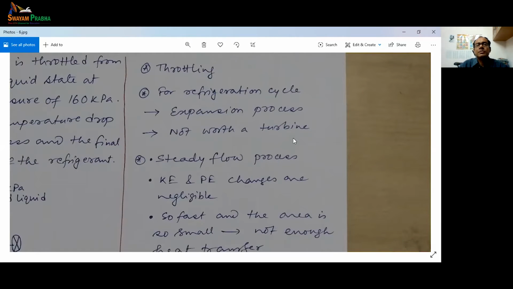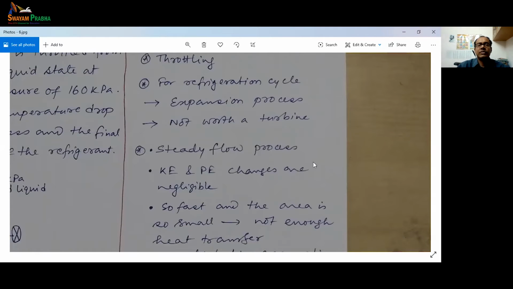And the most common expansion process is through a turbine. When pressure comes down and you get some work out of it, we call it a turbine, right? But often in a refrigeration cycle, the work that you get out of the expansion process by installing a turbine is so minuscule that the cost of the turbine does not match with that minuscule amount of work you get.